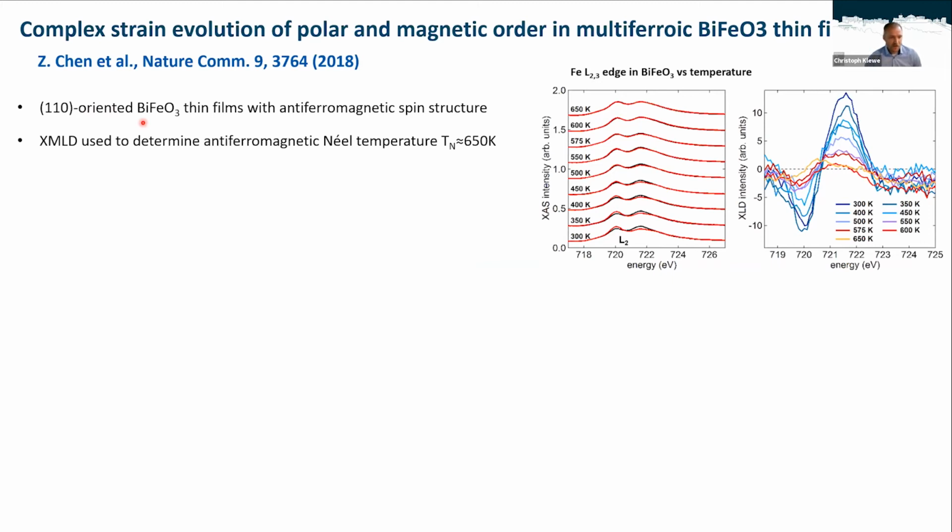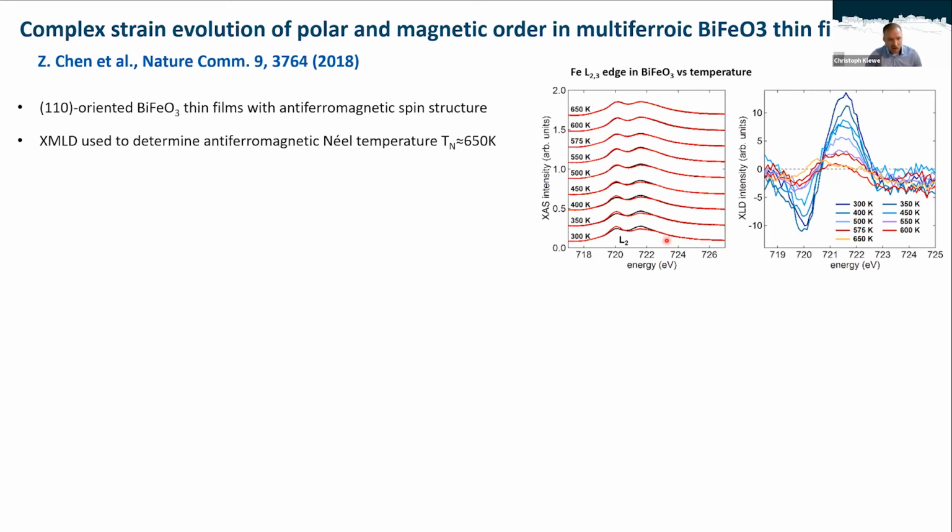By measuring a temperature series, which is shown here, we were able to observe that the antiferromagnetic ordering in this material vanishes above roughly 650 Kelvin, which we then determined to be the Néel temperature in this material.